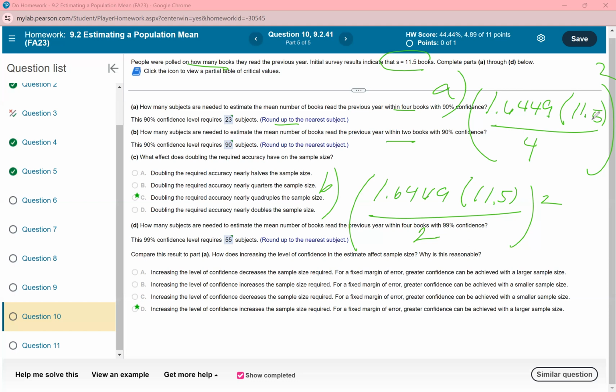So again, what effect does doubling the required accuracy have on the sample size? Doubling the required accuracy nearly quadruples the sample size.